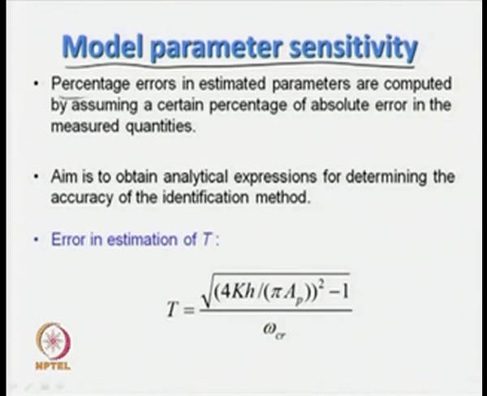Now, percentage errors in estimated parameters can be computed by assuming a certain percentage of absolute error in the measured quantities. What do we mean by this?